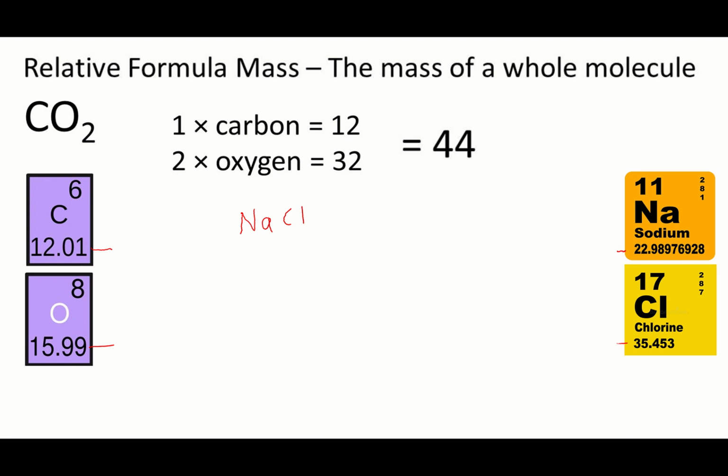Let's add them up. 1 times sodium is going to give me 23. I've just rounded that up to make life easier. 1 times a chloride ion is going to give me 36. All I need to do now is add them up, and that will be 59, and that's the relative formula mass. Pretty simple. Okay, so let's now have a look at some exam questions.